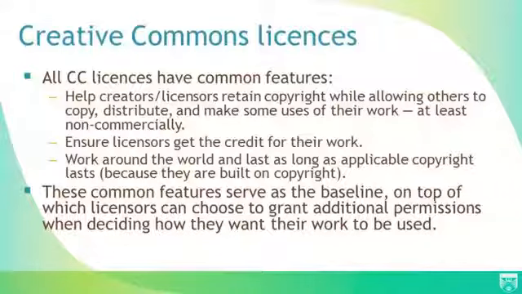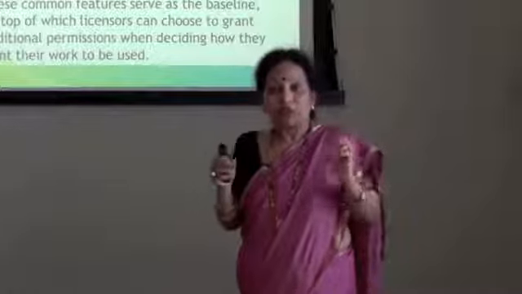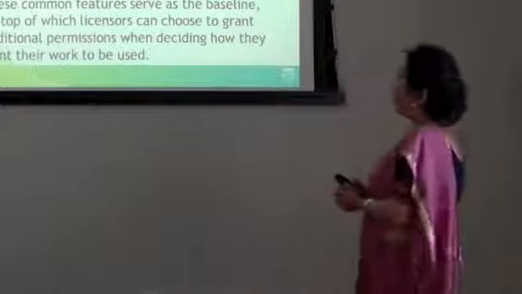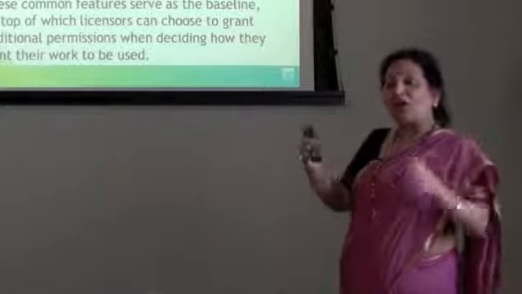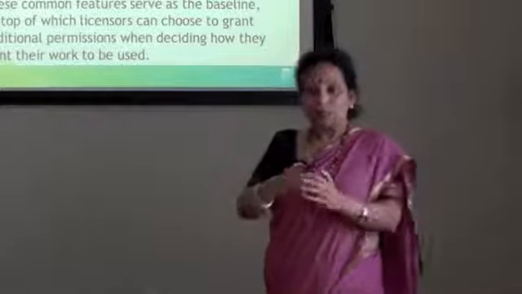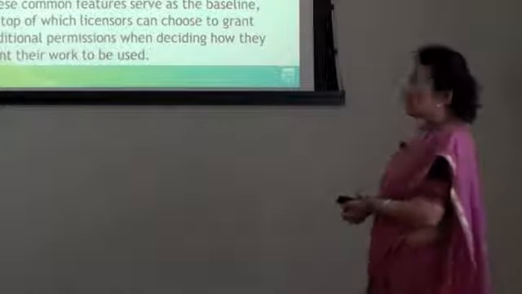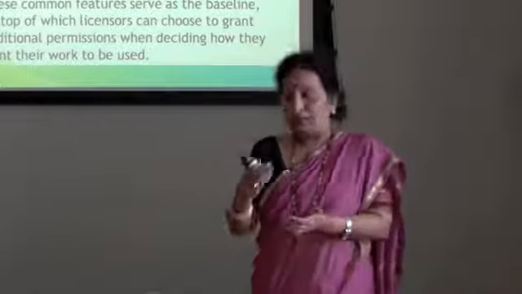They also ensure licensors get credit for their work, because in all these licenses, attribution is a necessary term, that you need to attribute from where the material has been taken. These are valid across the world. These licenses are not limited to certain jurisdictions, so wherever you are, you can use these licenses, and they are applicable as long as the basic copyright on which they ride lasts.